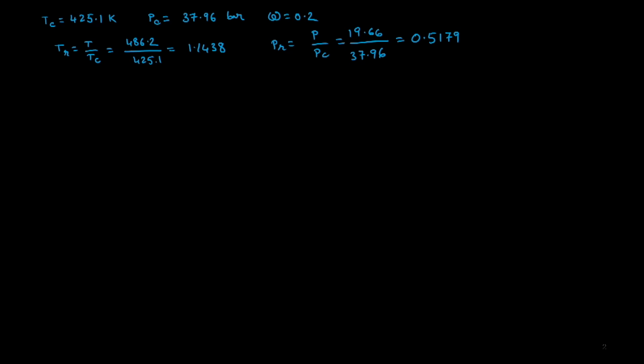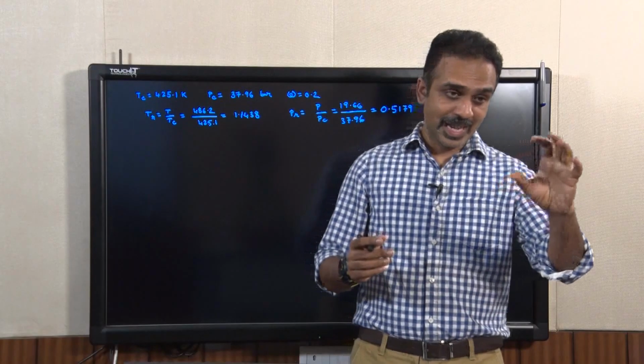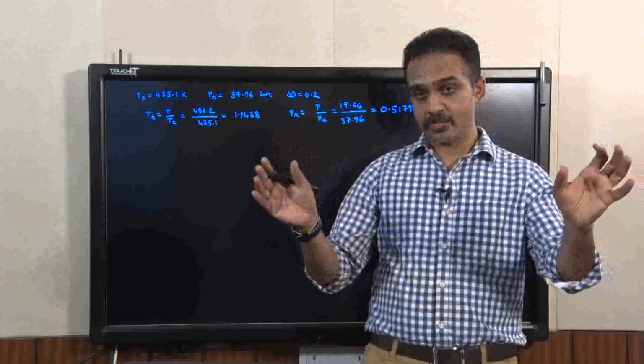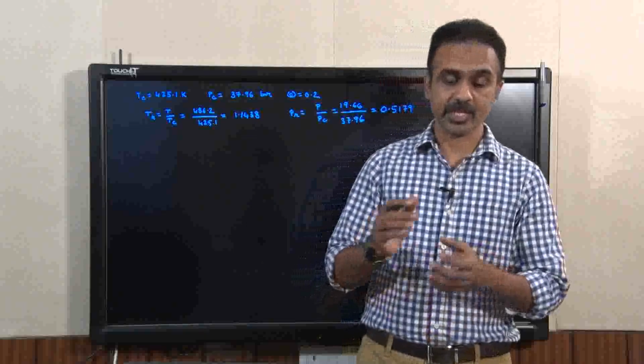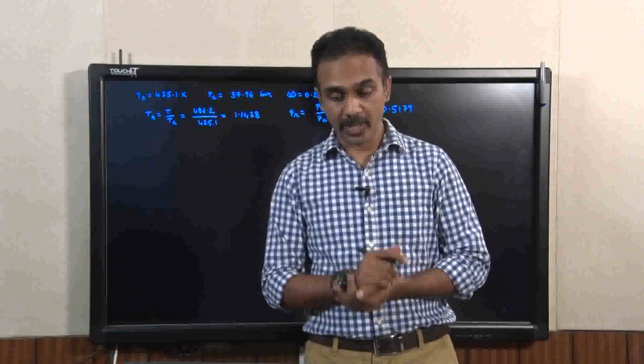You can look at any of the correlations. I used Lee-Kessler tables to find the state of the system. It turns out to be in the vapor phase. And if you recall, the liquid phase is highlighted differently in the Lee-Kessler tables from the vapor phase. So you can look at the Lee-Kessler tables and identify the phase of the system. In this case, it turns out to be in the vapor phase.